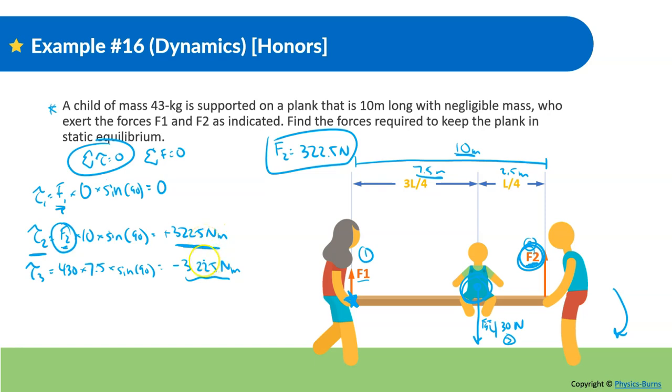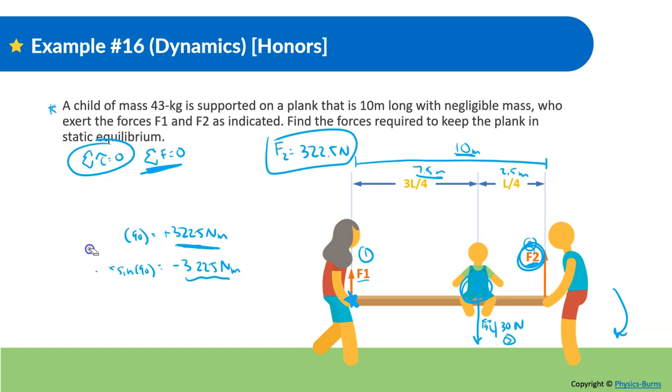Next thing is we have to find what F1 is equal to. And how we're going to do that is we should know the sum of all forces is equal to 0. So let me erase some things here. Okay, as I erase those things, let's look at this. F1, we don't know what that is.